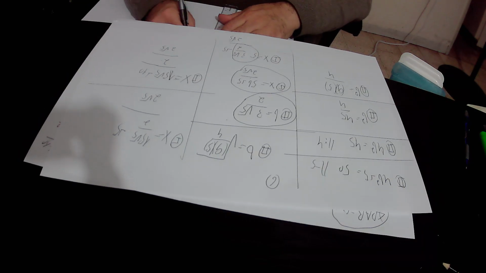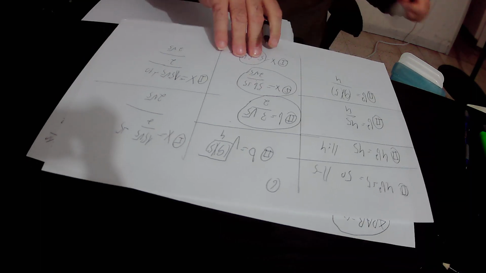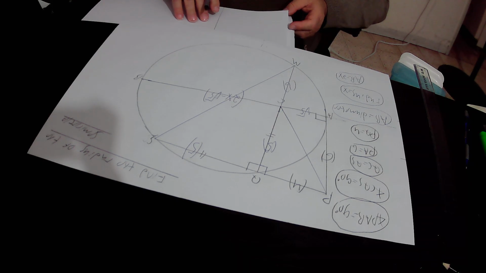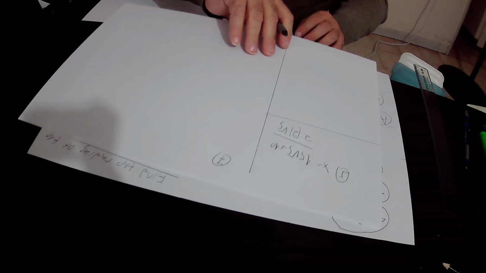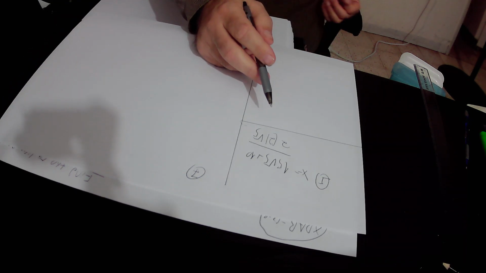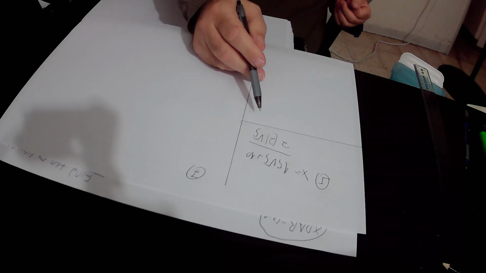I repeat again. We found that according to equation number 1, x equals 15 times square root of 5 plus 10 over 2 times square root of 5.